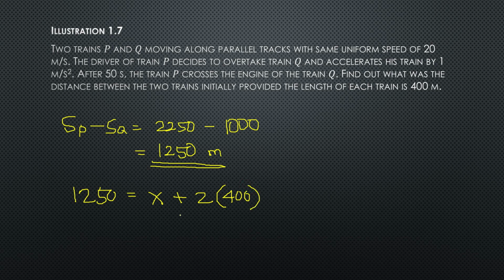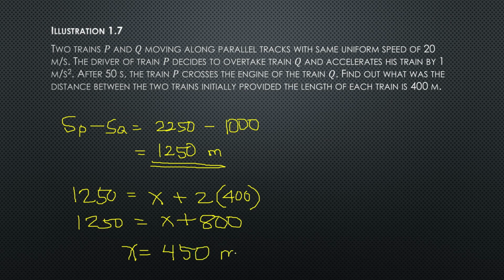This will give us x plus 800, which equals 1250. Then solving for x gives you 450 meters. So the initial distance between the two trains is 450 meters.